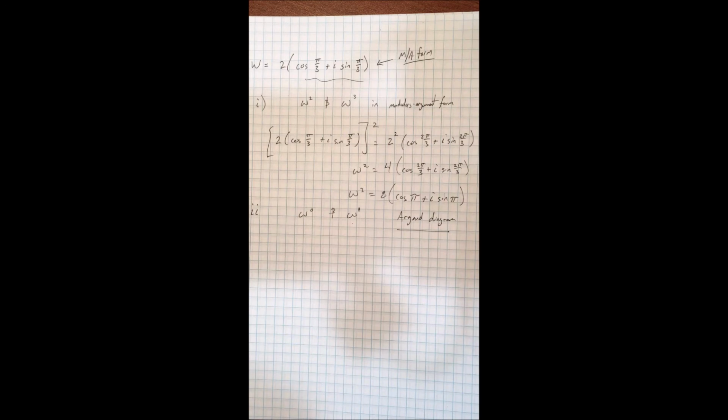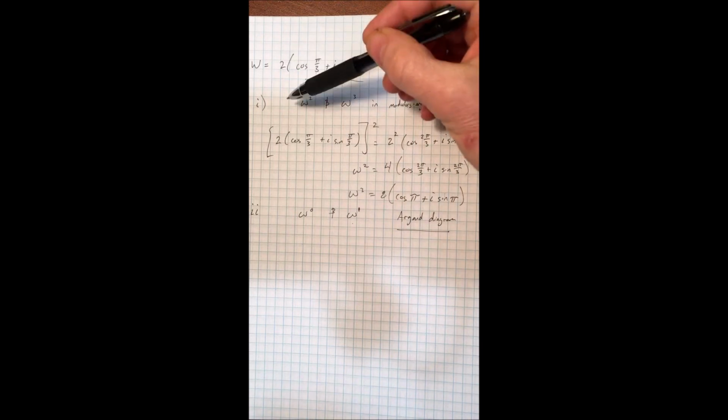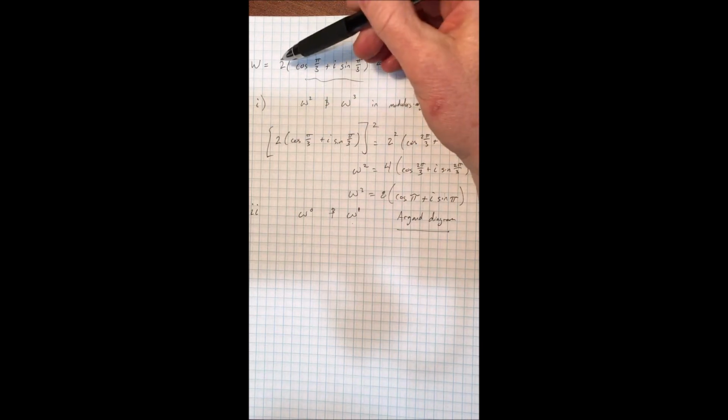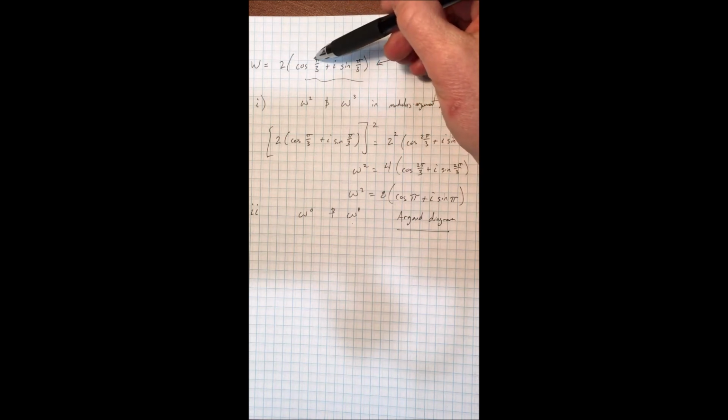So what about w to the 0 power? Well, in real numbers, we always say that any non-zero real number raised to the 0 power equals 1. Is that still true with imaginaries? Well, De Moivre's theorem tells us. If we apply De Moivre's theorem to this, we'll end up with 2 raised to the 0 power, which is 1, and then pi over 3 times 0 is going to be 0.